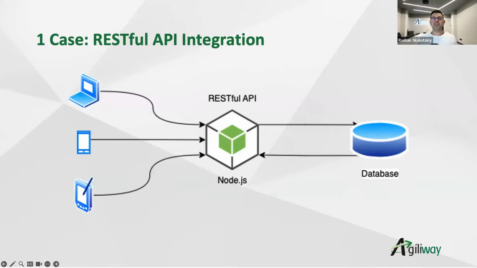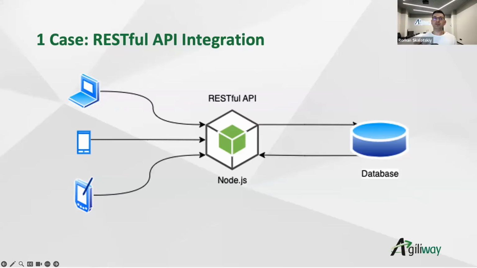REST API is an application programming interface that follows specific rules and guidelines, and Node.js is a popular runtime environment for executing JavaScript code on the server side. Node.js allows developers to use JavaScript on both the client and the server side. Using Node.js to build a REST API offers benefits such as efficient handling of asynchronous operations, scalability, and a rich ecosystem of packages.